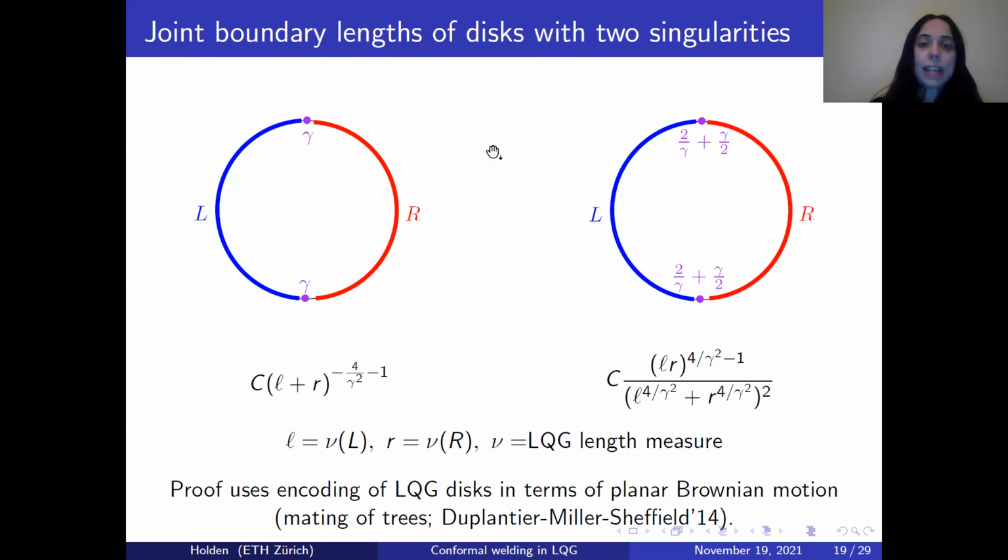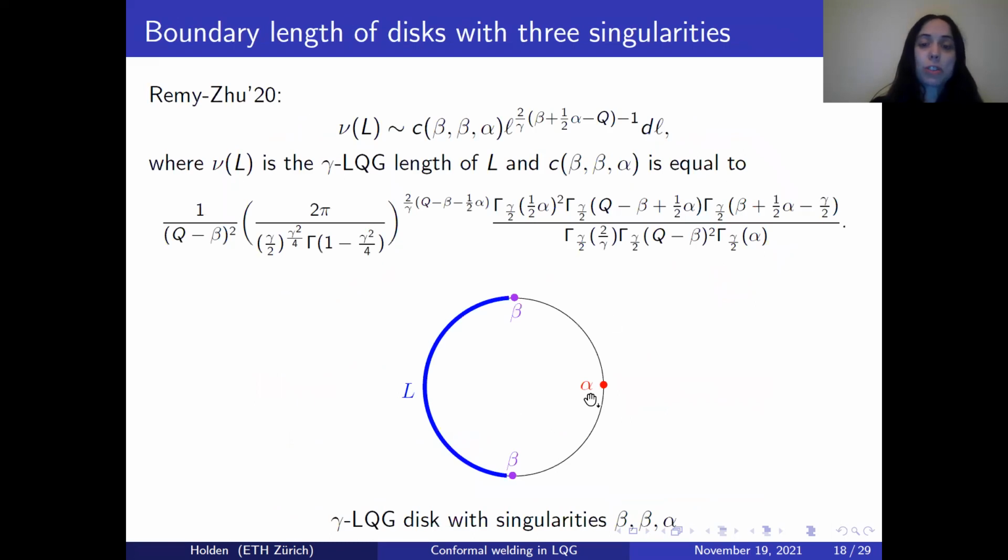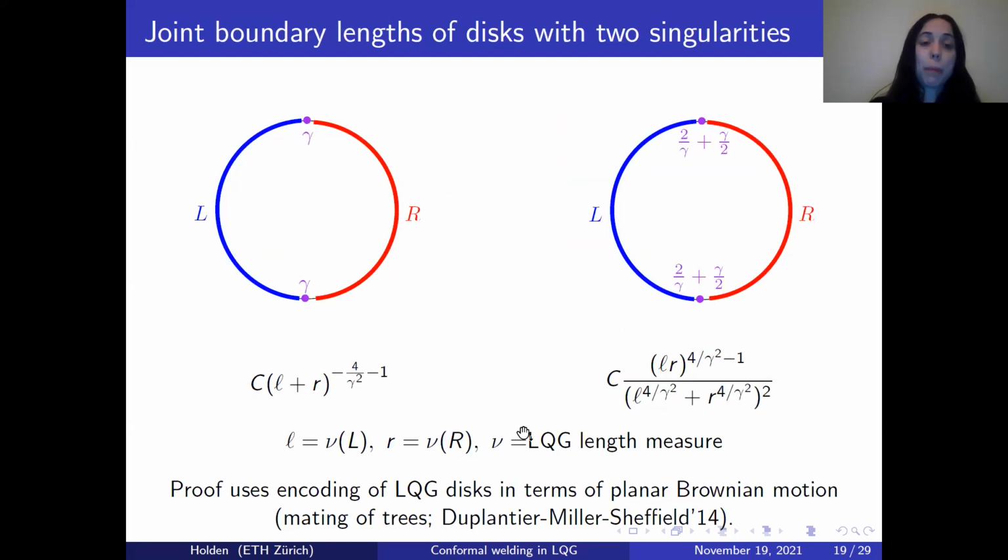The disks considered on this slide are in some sense easier objects than the disk considered on this slide, because the number of mark points is just 2 instead of 3. But the problem we're considering on this slide is harder, because we don't just want the marginal law of one boundary arc length, but we want the joint law of both boundary arc lengths.